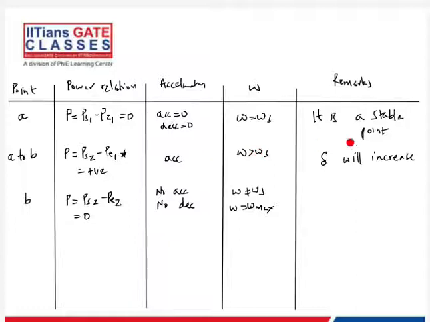And so this was one of those combinations we saw. If the acceleration is 0 but omega is not equal to omega s, what is this? It is a swinging point, right? What will happen?